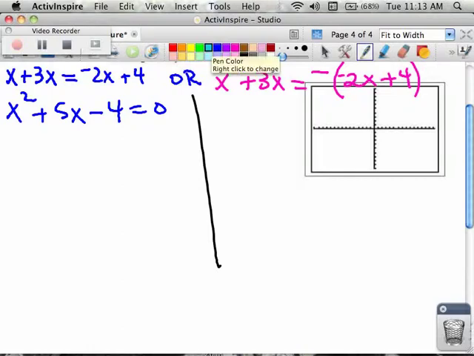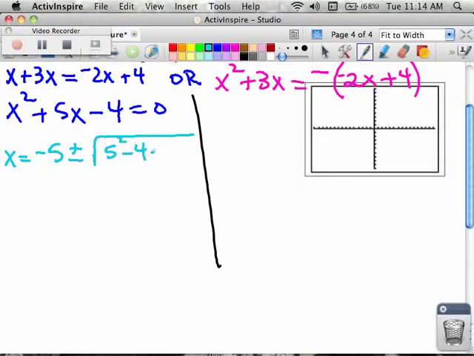So in doing the quadratic formula, I know that x is equal to the opposite of b plus or minus the square root of b squared minus 4 times a times c, all of that, all over 2 times a.